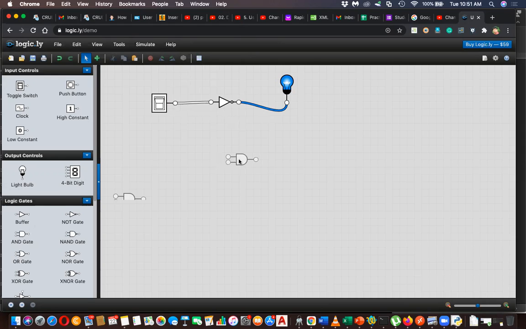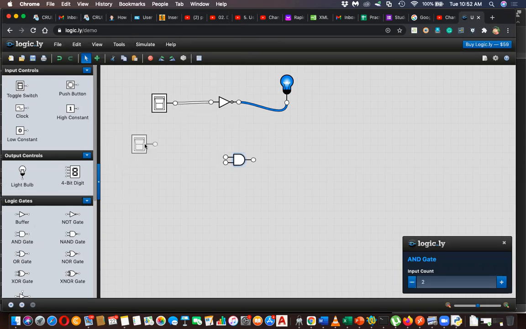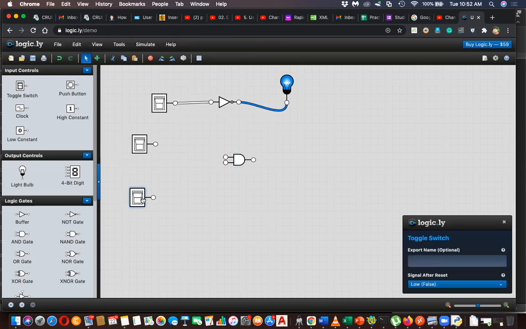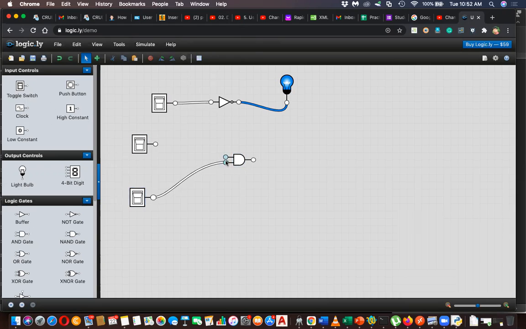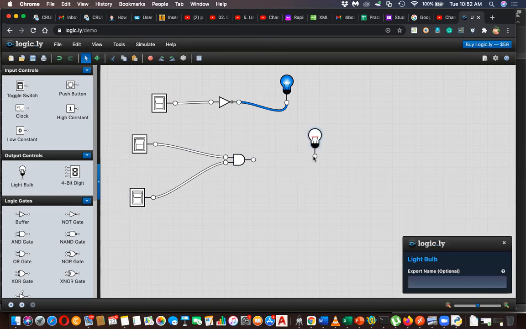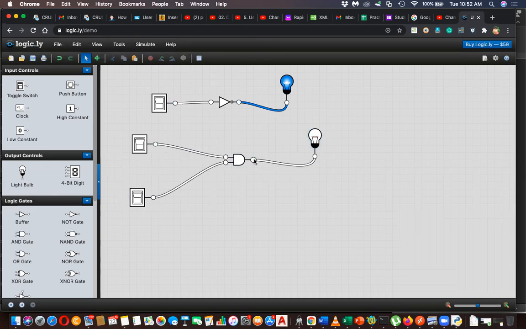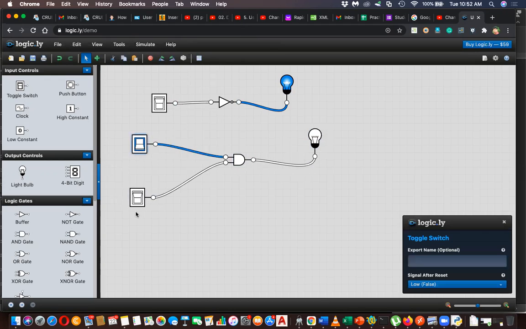And AND gate, so AND gate, in order to light up this bulb, all should give 1. If both are 1 only, this is 1.